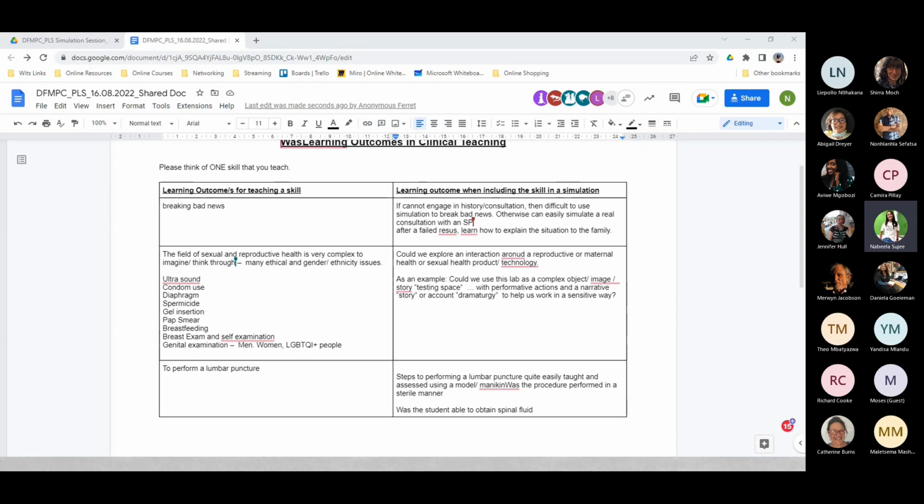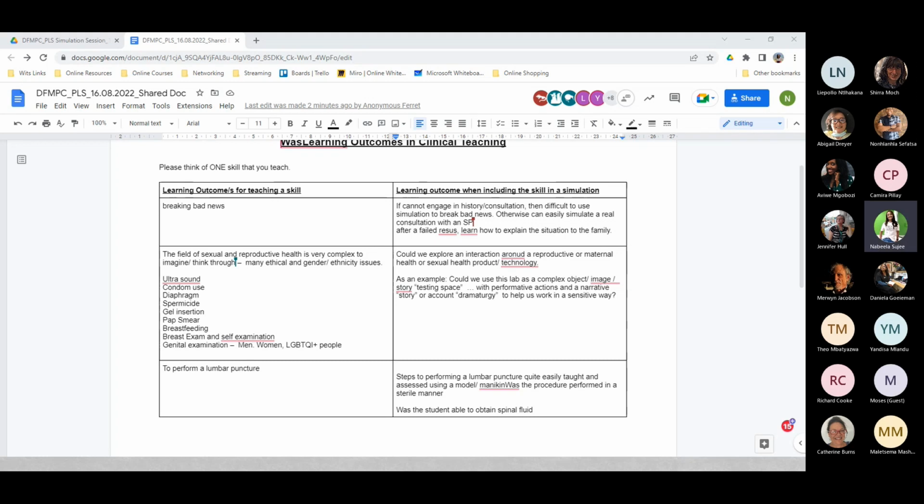If we don't tell them at this station, you're going to perform a lumbar puncture, and we just tell them, go and see this patient and do the management plan or investigation needed, or assess this patient as needed, in whatever way it might be. This could be a physiotherapy student who's going to assess a patient with a sport injury, or an OT student who's going to assess a patient with a cognitive disability.